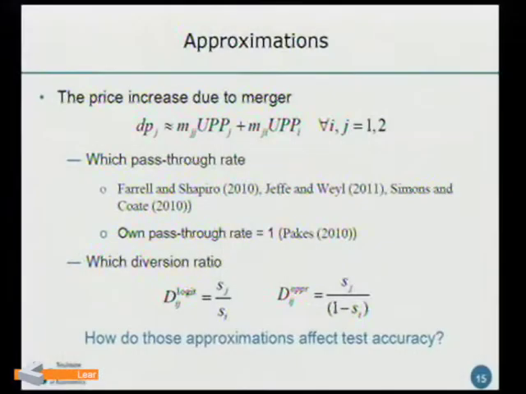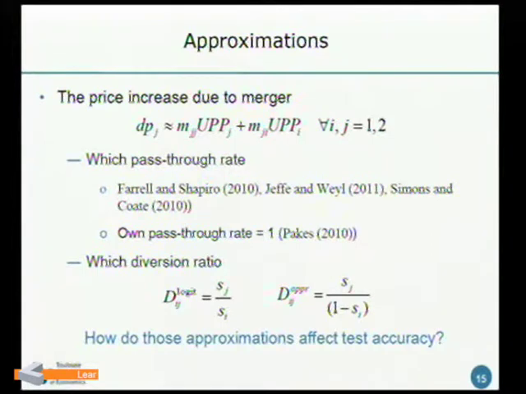But of course, one of the two problems is the evaluation of the pass-through rate. Because of the formula, I'm not going into the detail, but the change of price due to the merger is linked to the evaluation of the UPP, but also to the pass-through, that is to say, how much of the cost efficiency is passed on to the consumer.